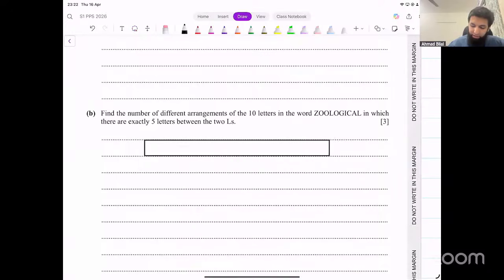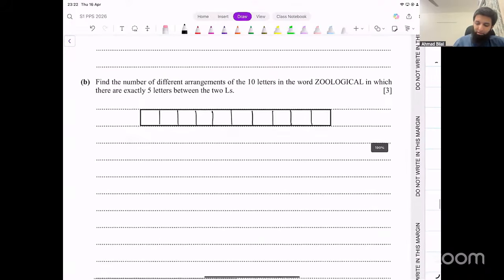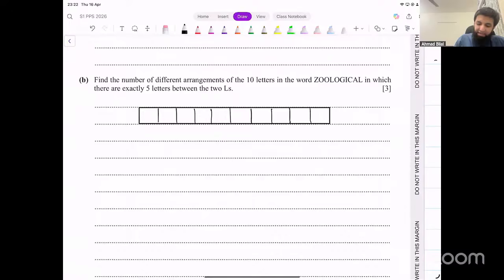We could say there are 10 letters initially. So we have got 10 boxes for those 10 letters. There are exactly 5 letters between the two L's. So 2 L's and 5 other letters.